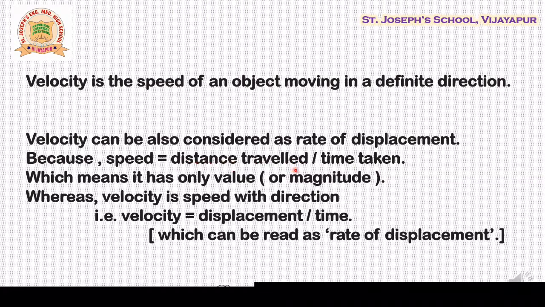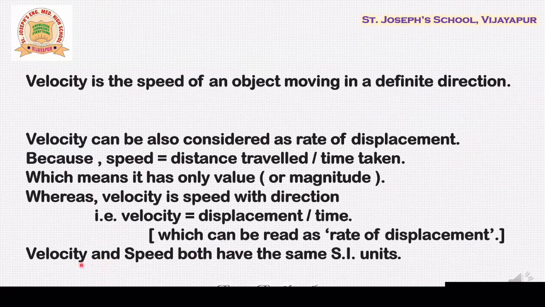Distance traveled with direction is nothing but displacement. So we can say velocity is equal to displacement by time. See the difference between speed being distance traveled by time taken and velocity being displacement by time taken, which can also be read as rate of displacement. So velocity and speed both have the same SI units, but velocity has direction and magnitude, while speed has only magnitude. We will discuss such types of physical quantities in a different video.